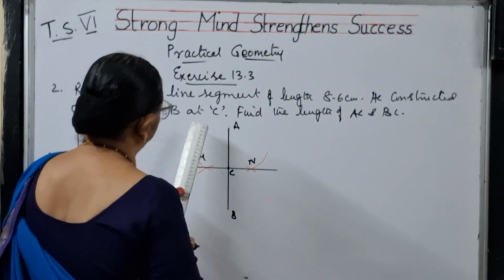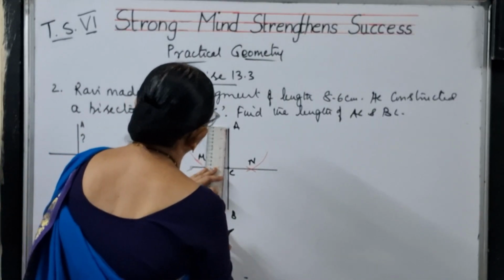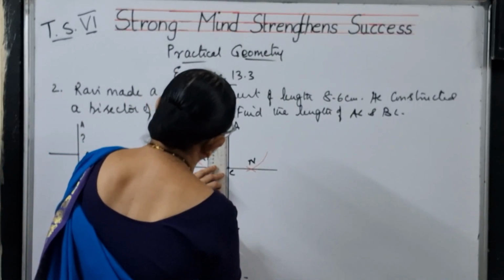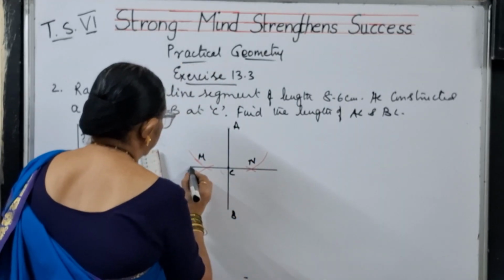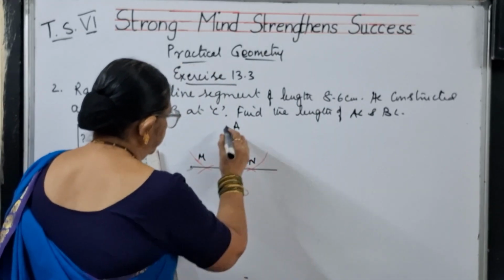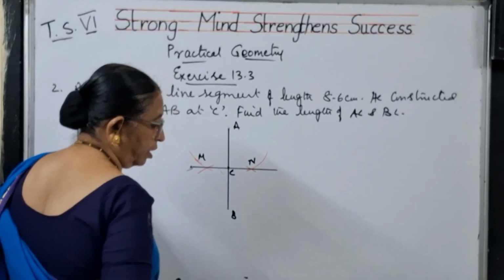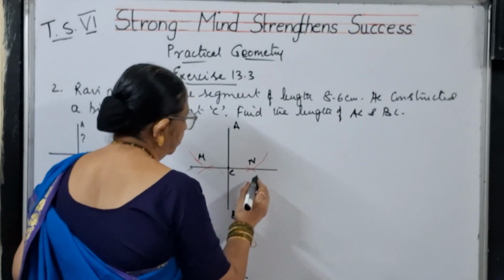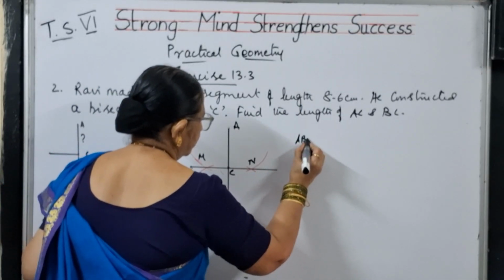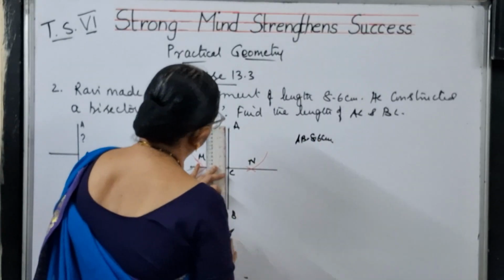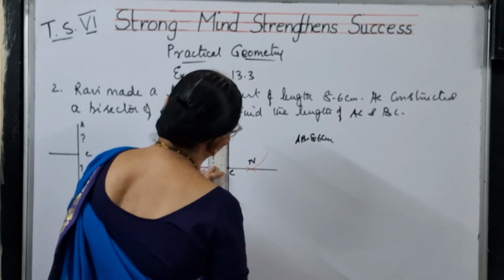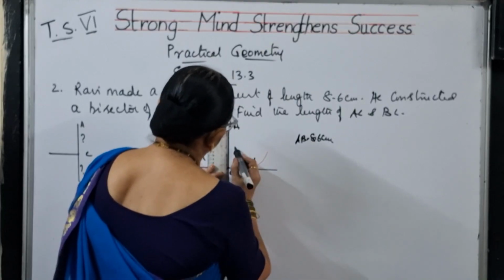So now you have to measure by using this. This is how much? Sorry, what is the measure of AB they have given? AB is 8.6 centimeters. So what is this measure? This is 4.3.